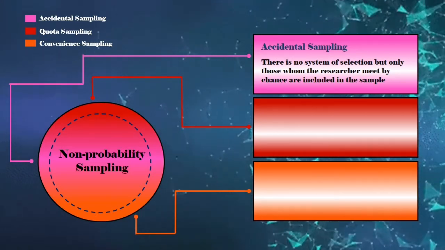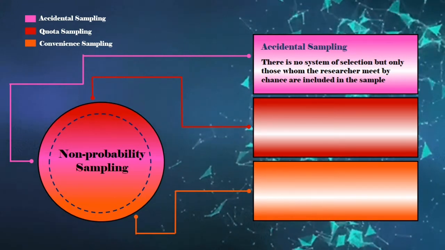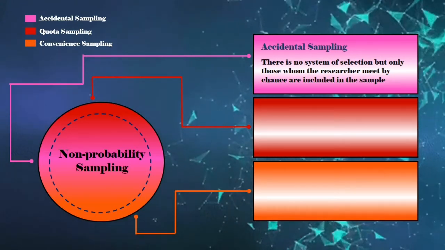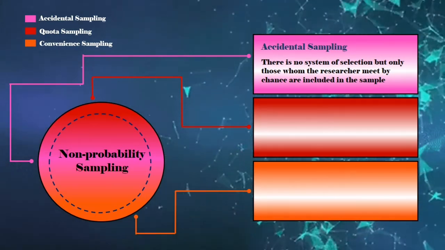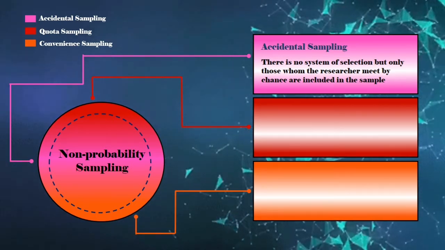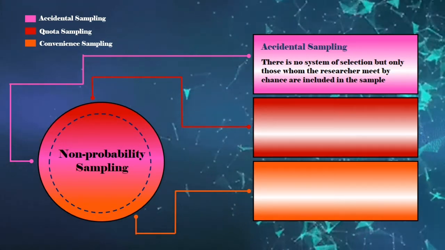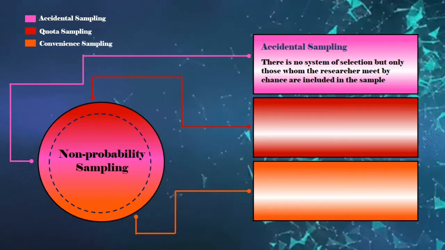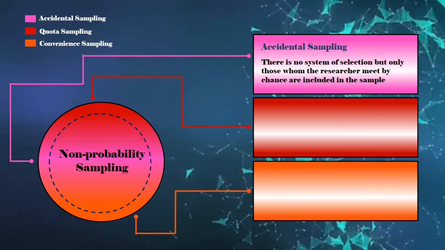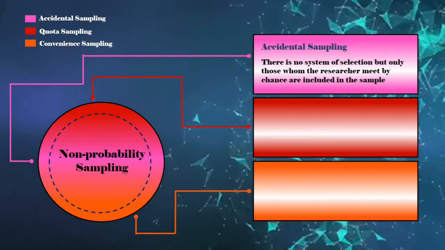This is also known as grab or opportunity sampling. It involves the sample being drawn from the part of the population which is close to hand. A sample population is selected because they are readily available and it is convenient on the part of the researcher.